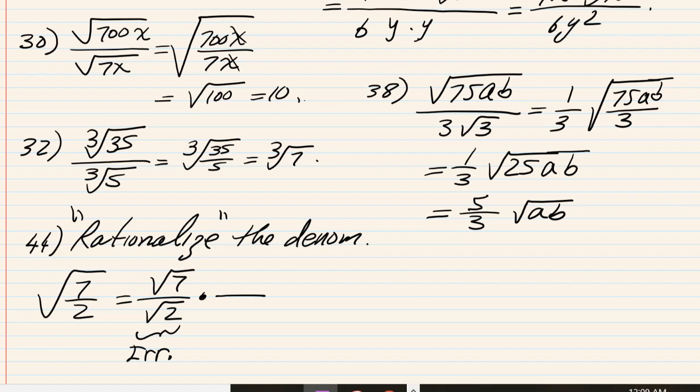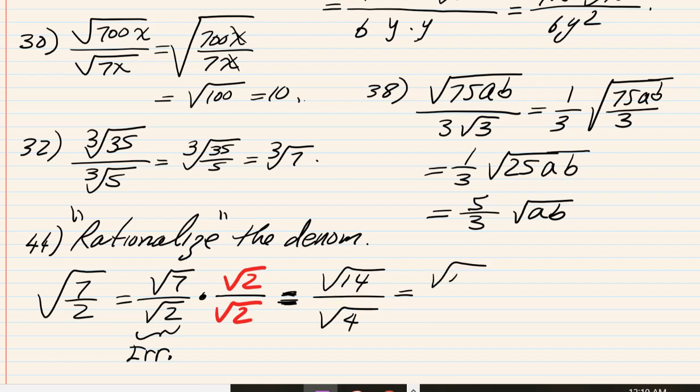So right now, the denominator is irrational. If I multiply top and bottom by the same number, I haven't changed the problem, because it's like multiplying by 1. Now in the numerator, I have 7 times 2, that's going to be 14. In the denominator, root 4, and square root of 4, of course, is 2. Now 2 is rational.